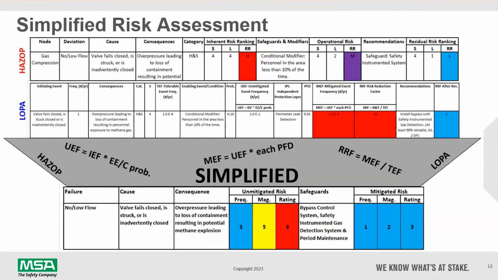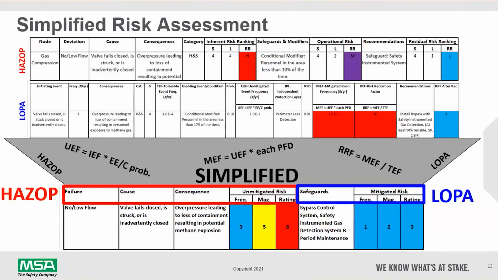We're going to remove the calculations from the layer of protection analysis. To simplify it, we're just going to make some general assumptions with our mitigations of risk via the safeguards. So the way that this will work is that we've got the hazard and operability study off to the left-hand side of the table, and our layer of protection analysis on the right-hand side of the table.